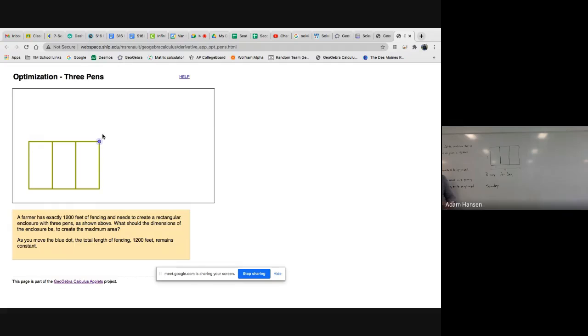Where's the 6x coming from? Well, there's 3 lengths of x on one side, 3 lengths of x per top and bottom. So that would be 6x. How about from length? How many lengths y are there to subdivide this into 3 pens?